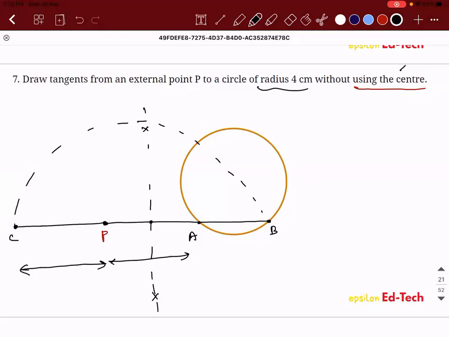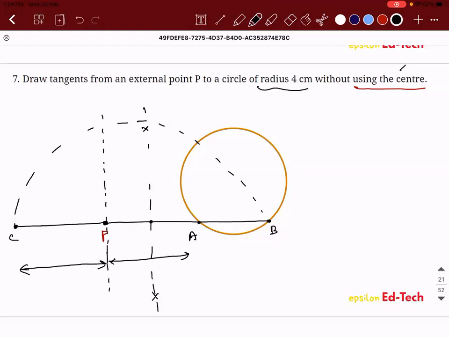So once you construct it, draw a line which is perpendicular to this line.